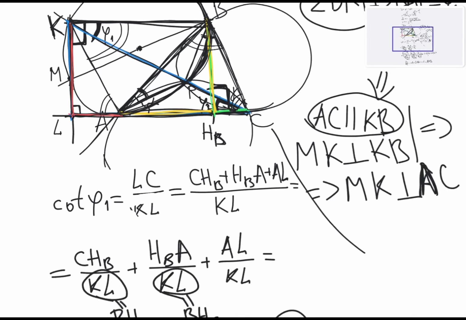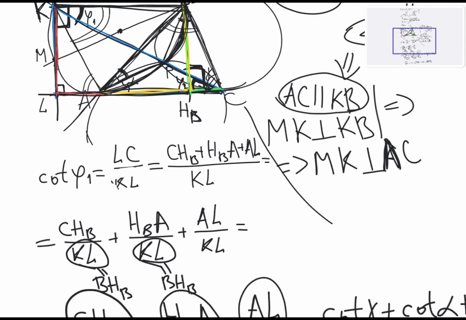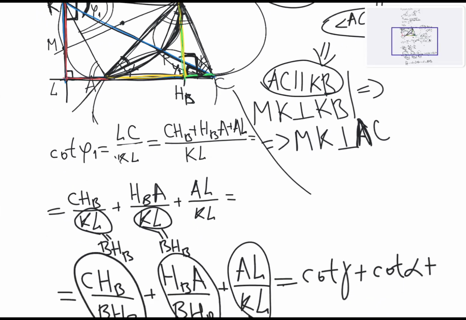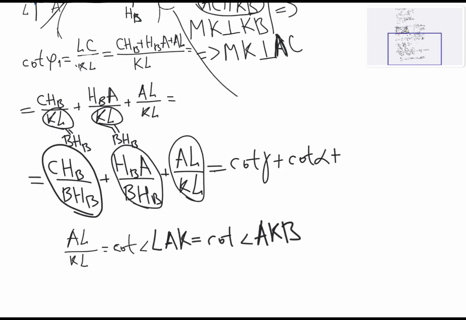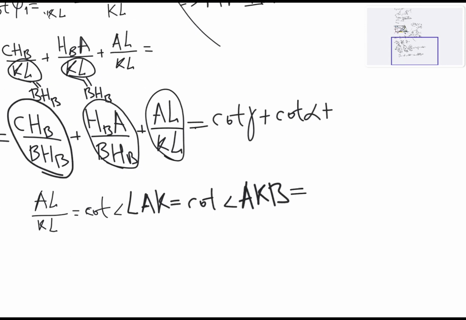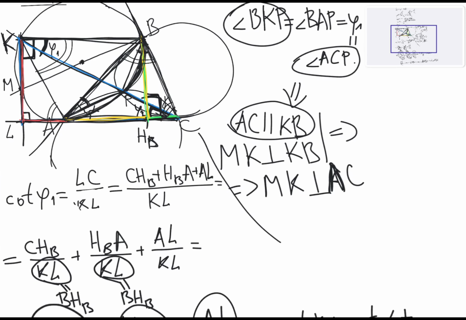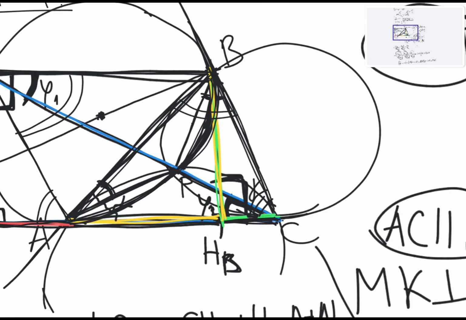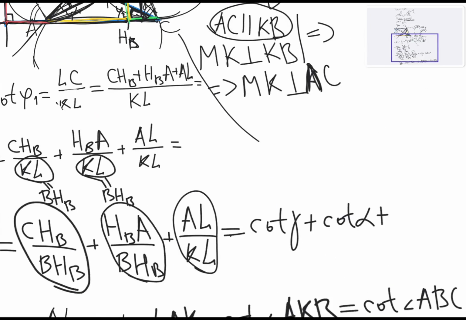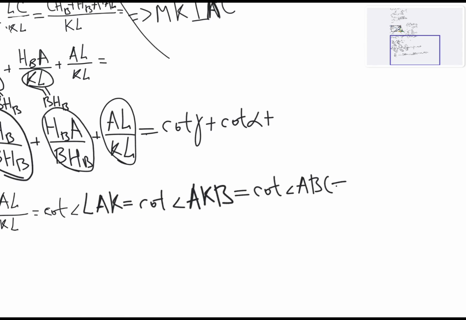So the angle between the tangent and the chord is equal to the inscribed angle subtending the same arc. So this is equal to cotangent of the angle ABC, and ABC is exactly beta. We denote the angles of the triangle as alpha, beta, gamma, right? So ABC is the angle in the original triangle, so we denote it as beta.